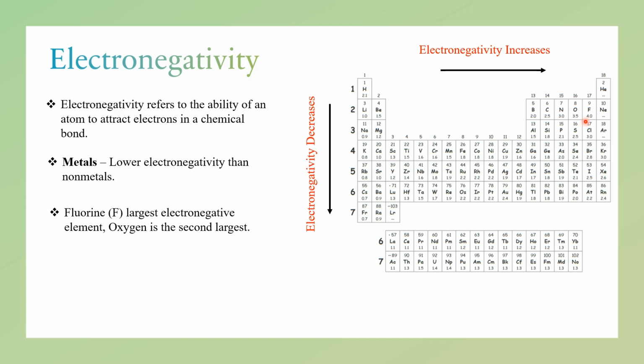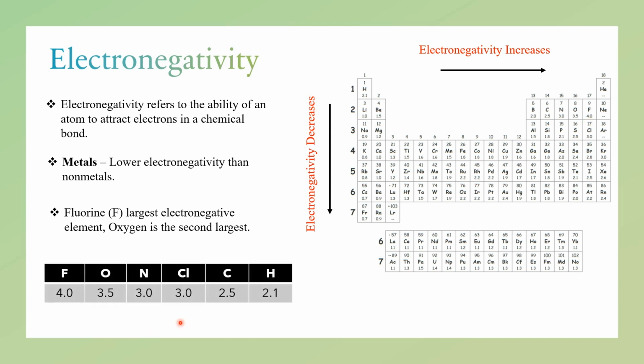Fluorine is the highest electronegativity element, and you can see here the commonly used elements and their electronegativity. Fluorine 4.0, oxygen is the next largest, nitrogen and chlorine the same, carbon 2.5, hydrogen 2.1. So why do we need these electronegativity values?